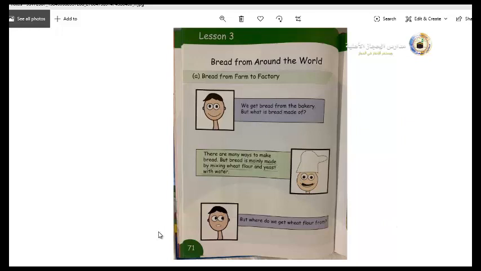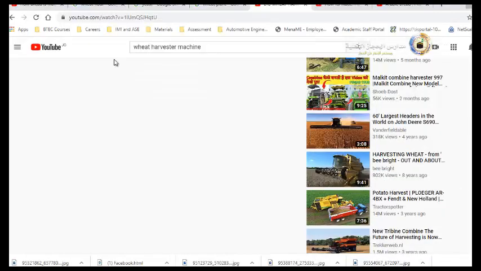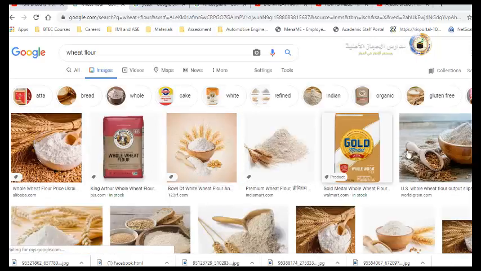And the yeast. Let's see. Here is the wheat flour. Just a minute. Here it is.